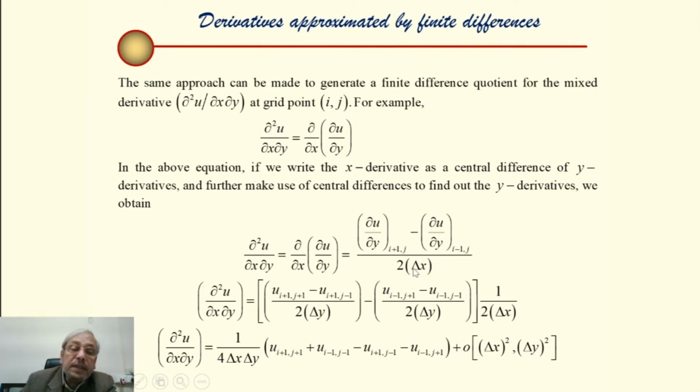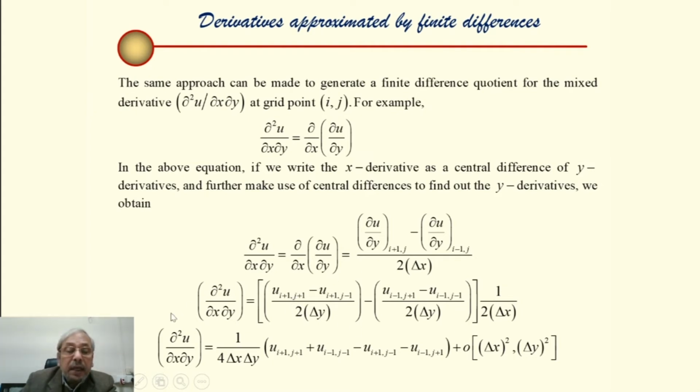This is central differencing. Then individually del u del x and del u del y at i+1,j and at i-1,j, we express following central difference.